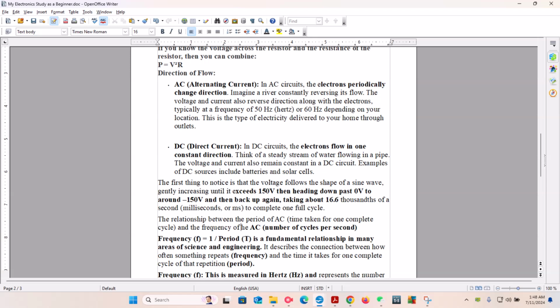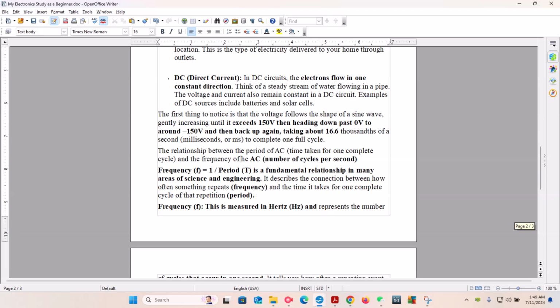This is a fundamental relationship in many areas of science and engineering, whether it's computers or anything else. It describes the connection between how often something repeats, the frequency, meaning how many times over time, and the time it takes for one complete cycle of that repetition, the period. Okay, period is the amount of time, and frequency is how much over time.